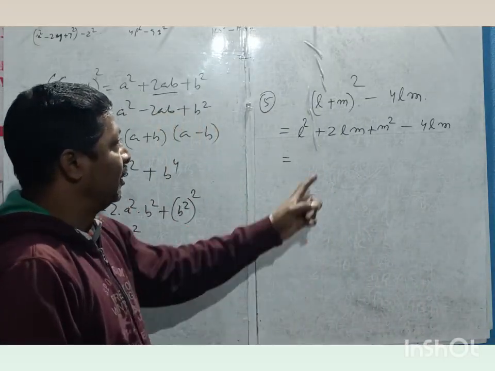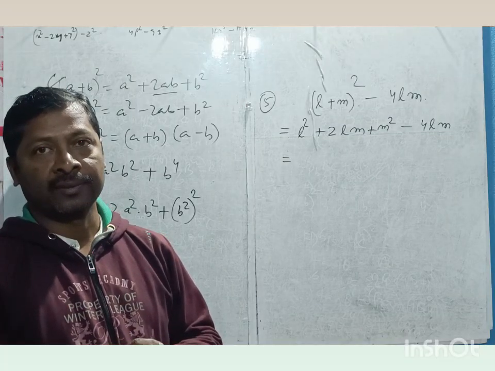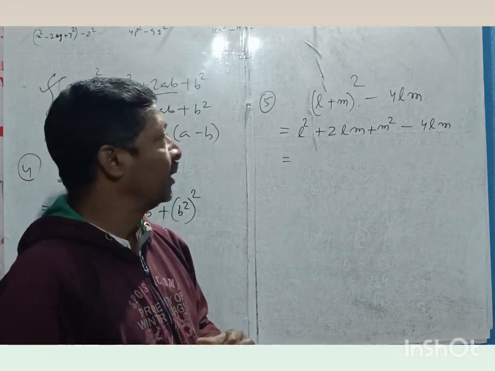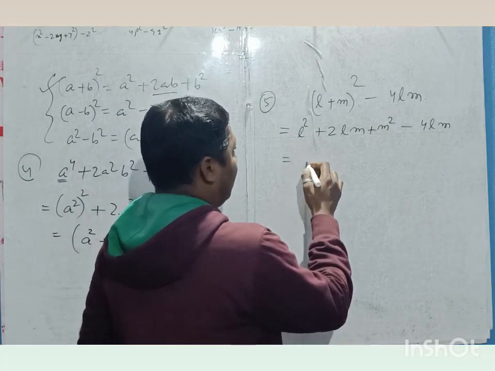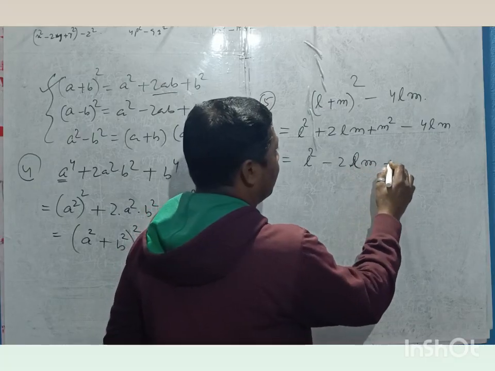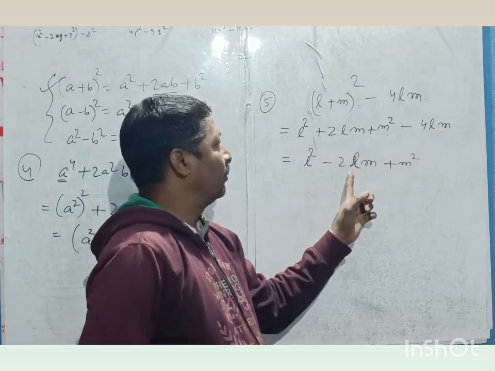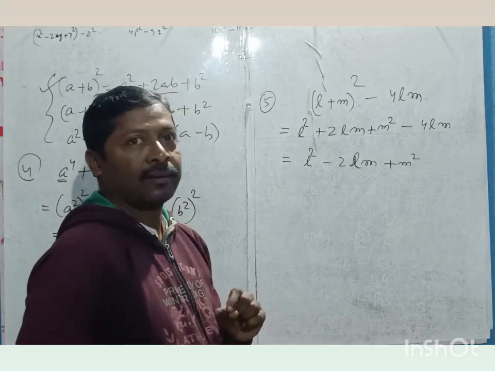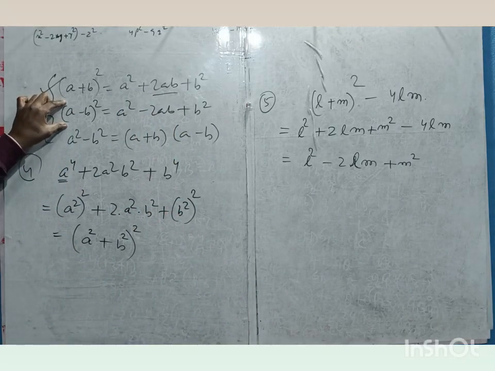Again 4lm is there. So these two terms can be made one term. 2lm minus 4lm will be how much? l² − 2lm + m². Plus 2 minus 4 is minus 2, so 2lm minus 4lm will be minus 2lm. Now look, this looks like an identity form and it fits in this way because minus 2 is there.